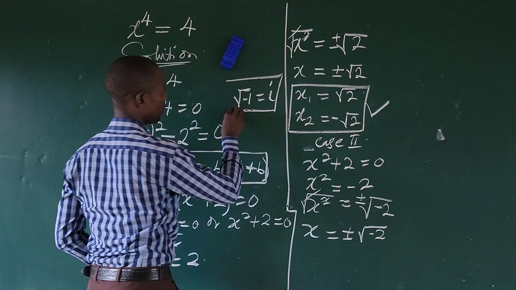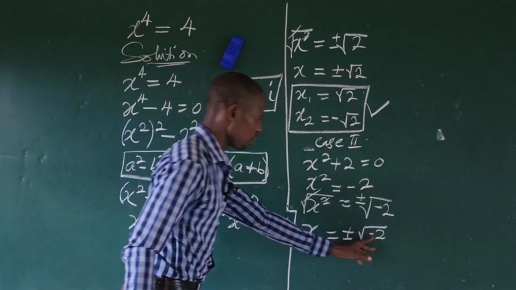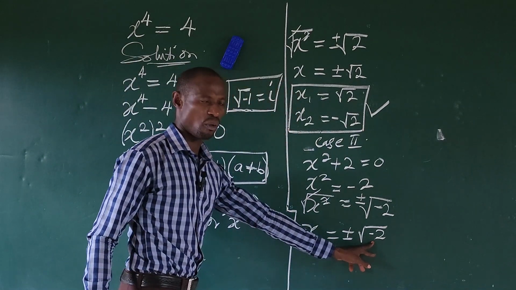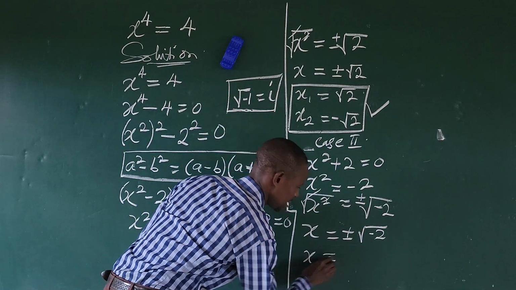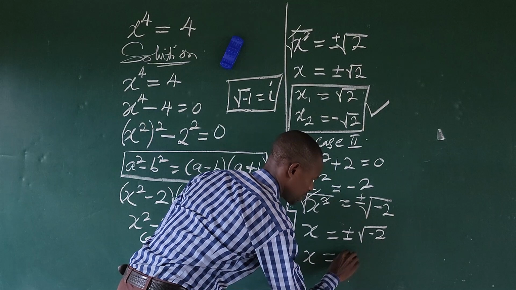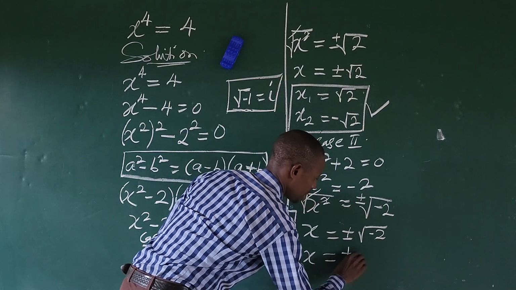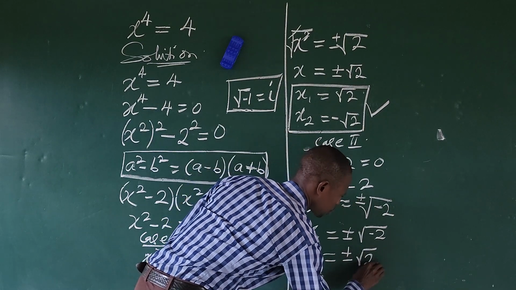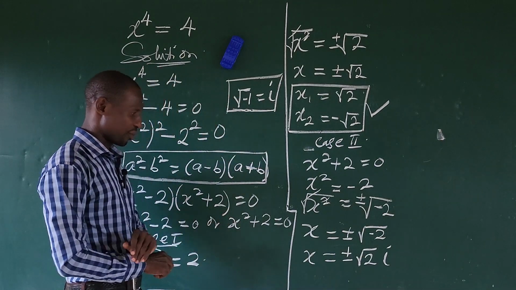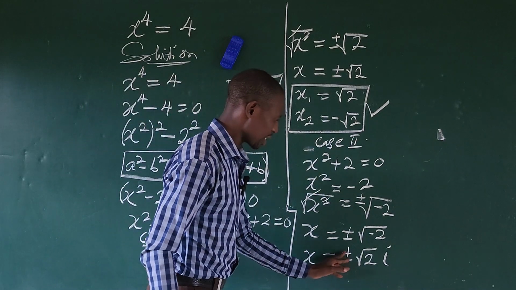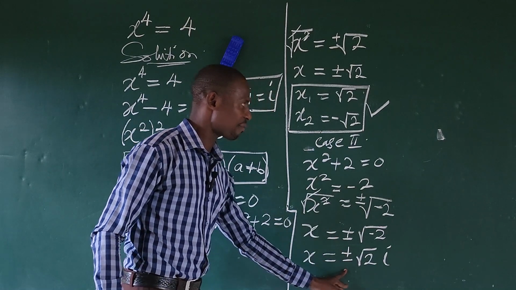Iota. So from this, we can bring out minus 1 from here. And so this will now give us x is equal to plus minus the square root of 2 iota. Right? Good. So we can get our x3 and x4 from here.